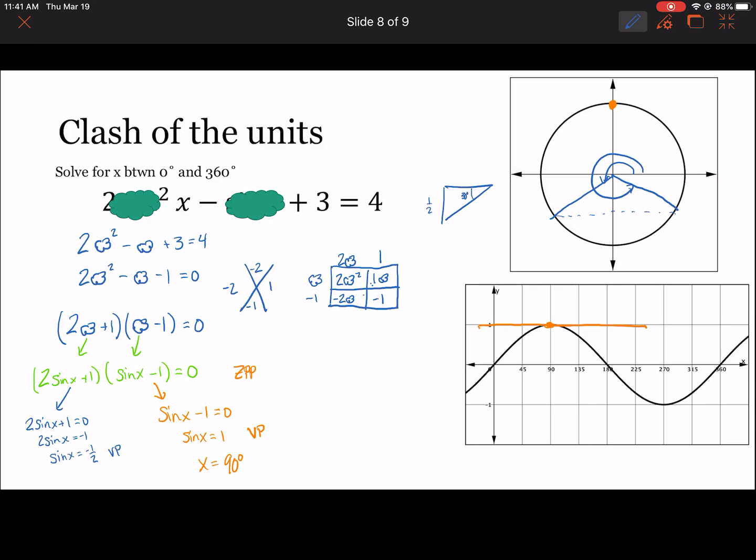I've got an interior angle of 30 degrees. So that tells me that using that 30 degrees as my reference angle, I've got 210 degrees or 330 degrees. Similarly, on my parent graph, I can draw a line right here at -1/2 and find those two intersections. Okay, great. There's our 3 different types of solvings that we're going to be working with today.